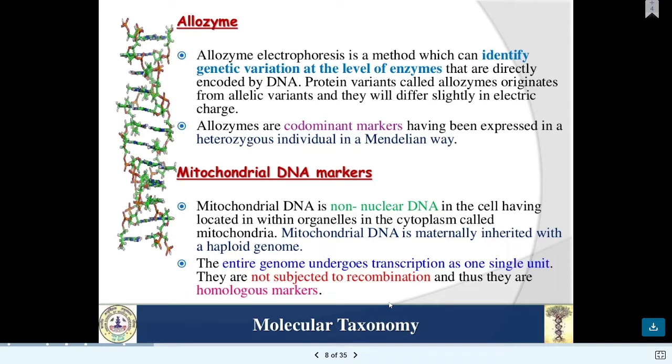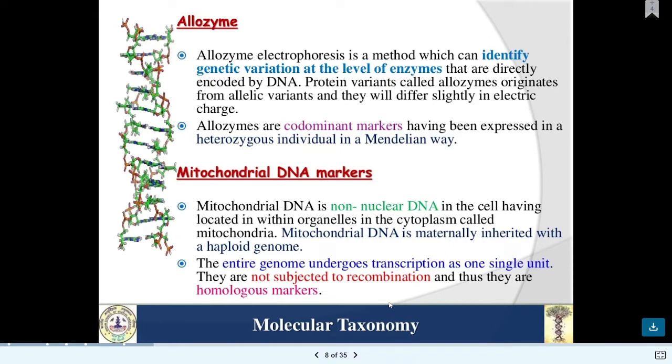They differ slightly in electric charge, but the function remains the same with variations in structure. The functions remain the same, but the sequences will be different. If the sequences are different, ultimately they impose changes at the structural level. And if there are changes in the structural level of the enzyme, we call them allelic variations. Some alleles get changes.